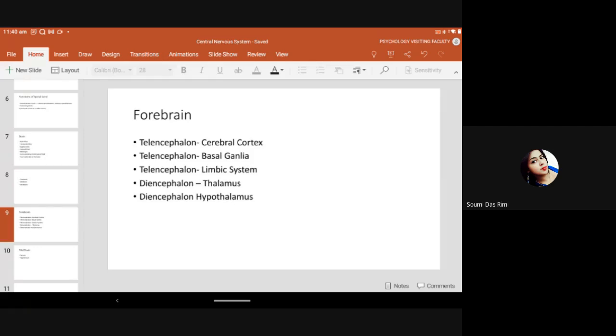Now, there are various functions of this cerebral cortex. The postcentral gyrus functions as a general somatic sensory area, and it receives any type of sensation like touch, temperature, or any type of pressure, maybe external or internal.